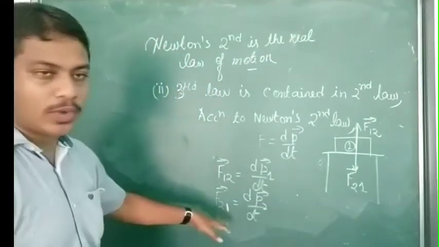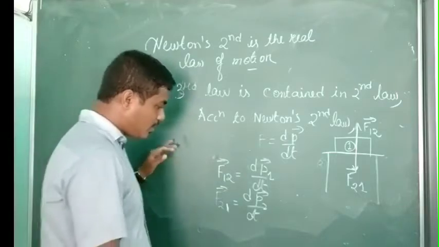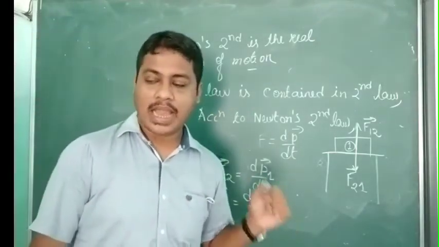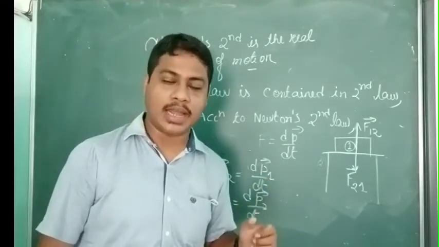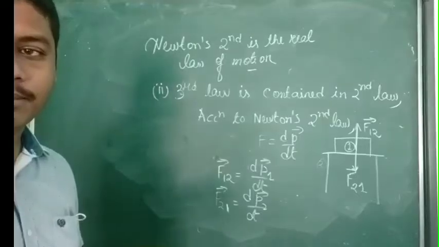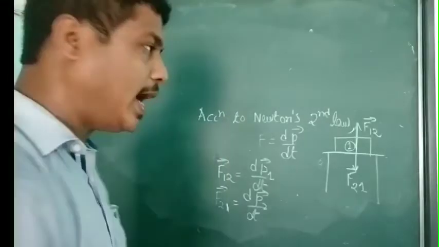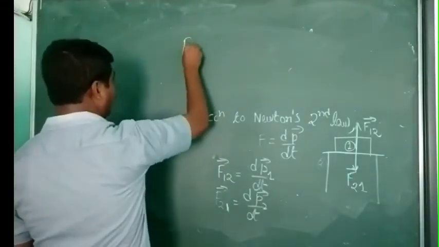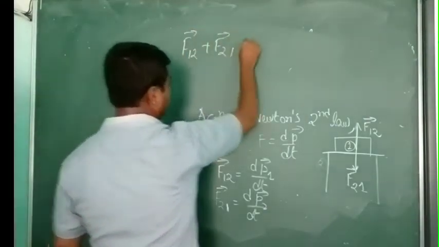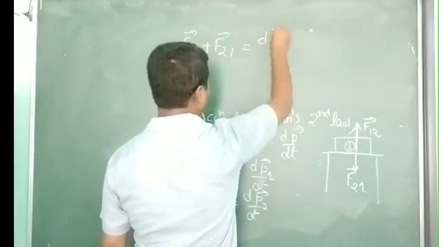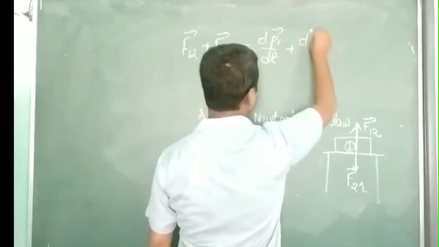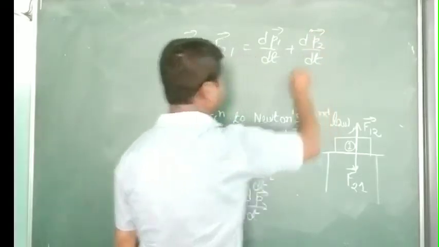Same way, if I consider that your system has no external force applied on it, so what can we write? By adding these two forces, F12 plus F21, what will you get? You will get dP1 by dt plus dP2 by dt.